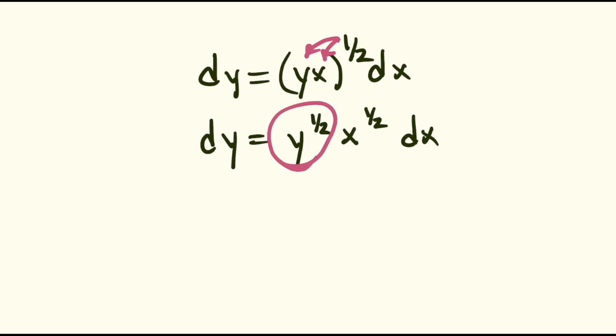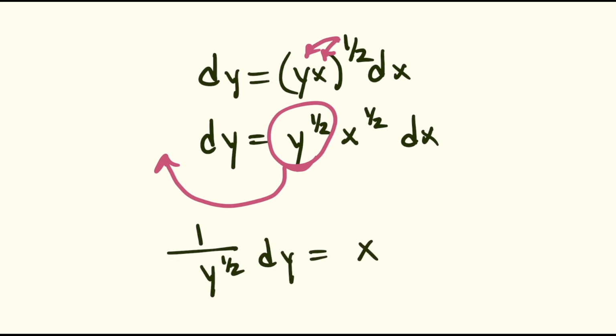And the next thing to do would be to separate our equation completely. So we want to bring that y to the 1/2 to the left-hand side. In other words, what we want to do is divide out by y to the 1/2. One last thing that we're going to do before we integrate is we're going to notice right here we have 1 over something.